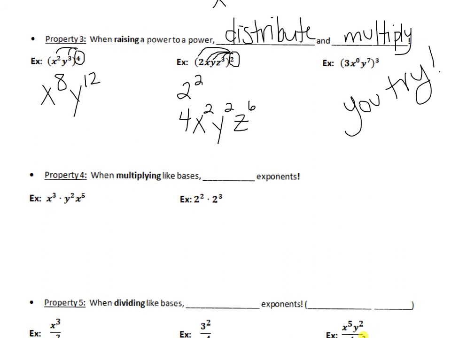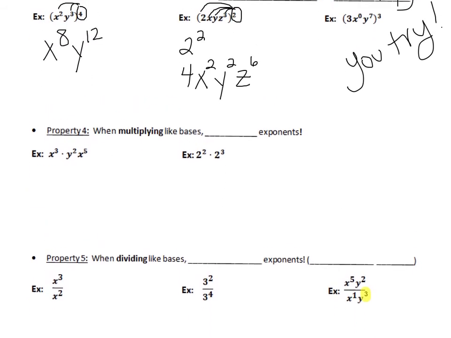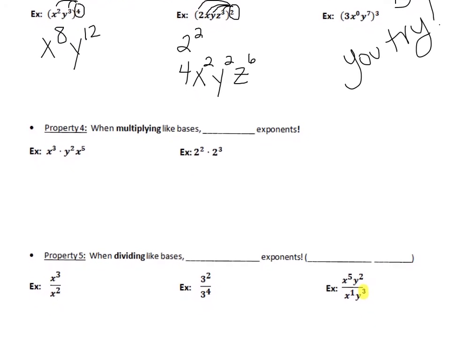All right, property 4 and property 5. Property 4 says, when multiplying like bases, a base is the big number, like x, where the exponent's the little number. So the base is the x, the exponent's the 3.